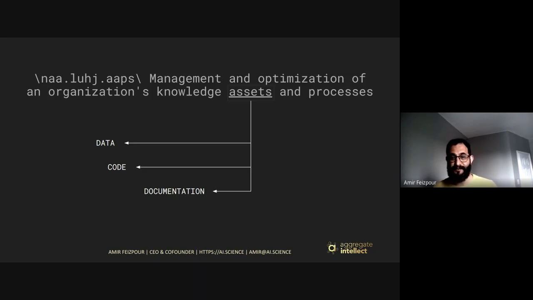What does knowledge assets mean for us? For example, it could be data, code, documentation, or other types of things. Generally speaking, anything that we externalize and store somewhere so that we can use it. Part of KnowledgeOps is managing these artifacts in a way that is reusable and easy to collaborate on.